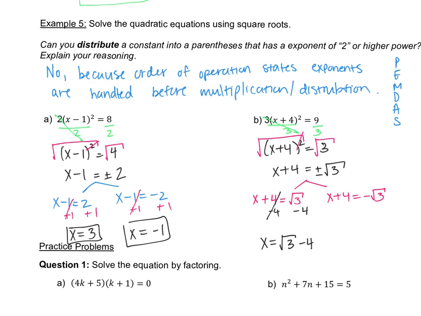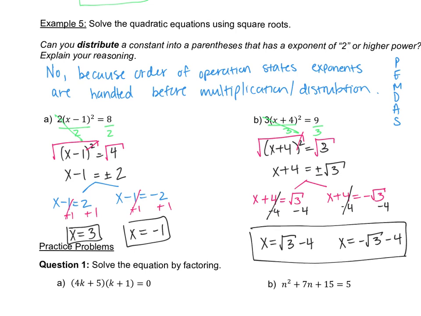So you're just going to have them together, but you're not going to combine them. This one I'm also going to subtract the 4 off. So x equals negative root 3 minus 4. And those are my two answers. So x could equal positive root 3 minus 4 or negative root 3 minus 4.